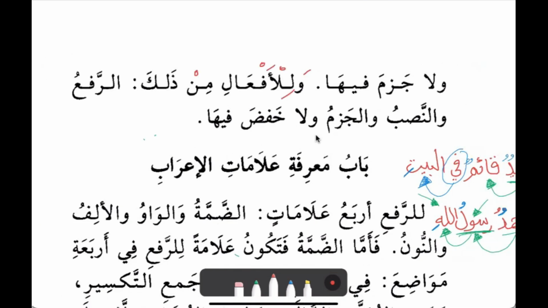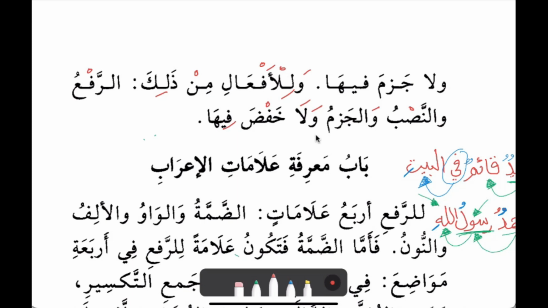وَلِلْأَفْعَالِ مِنْ ذَلِكَ. And concerning the verbs of those four categories, there is الرفع والنصب والجزم ولا خفض فيها. Here, nominative, accusative, and jazm, and there is no genitive for the verb.